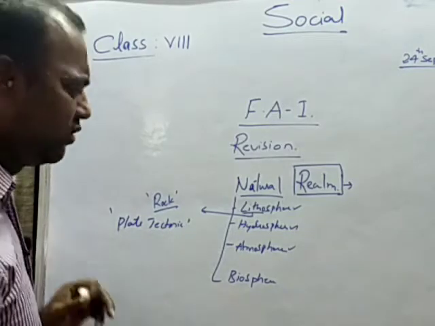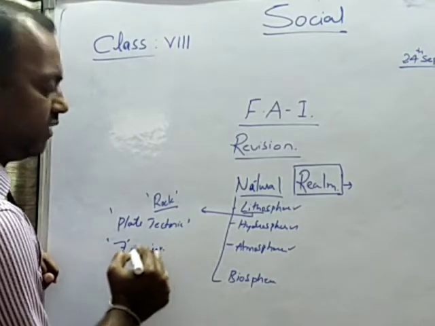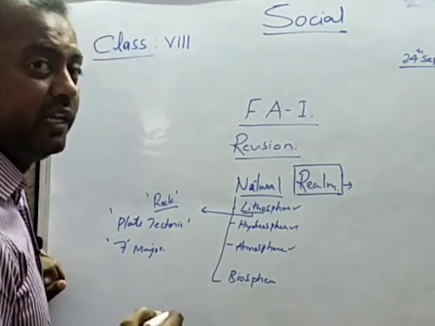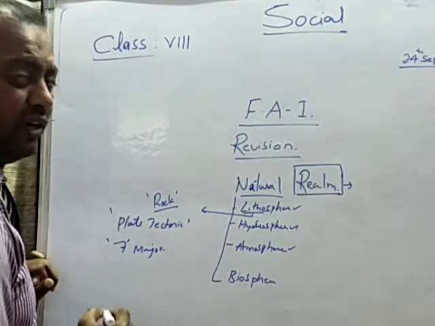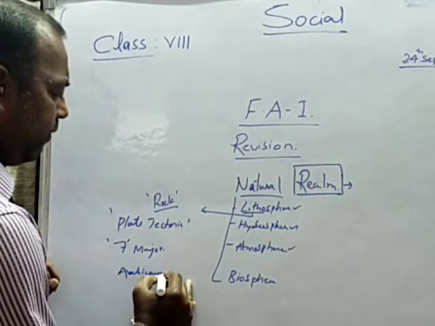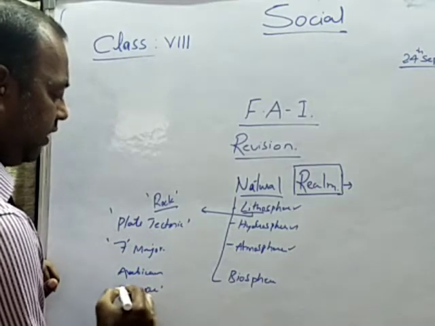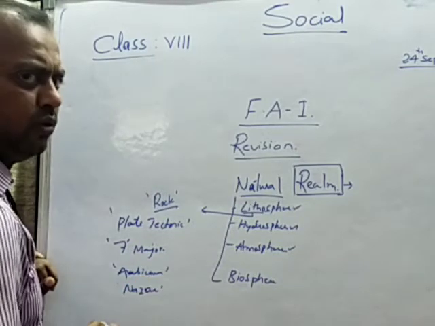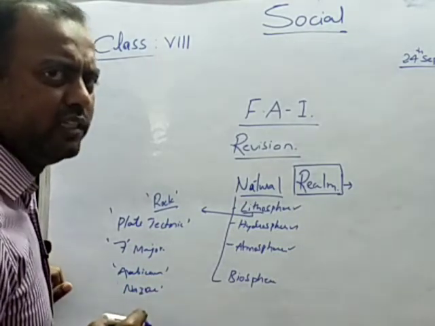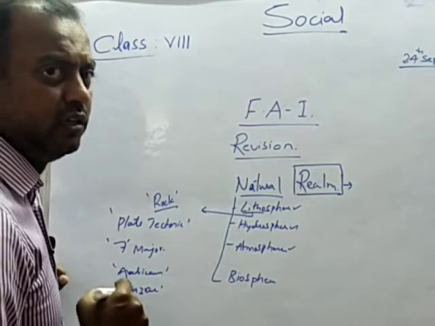How many plates are there, children? 7 major plates are there, on which the entire continents and oceans are present, and many minor plates are also there. Arabian is a minor plate, and Nazca is a minor plate. So on what plate is India located? It's the Indo-Australian plate, children, on which we are located.